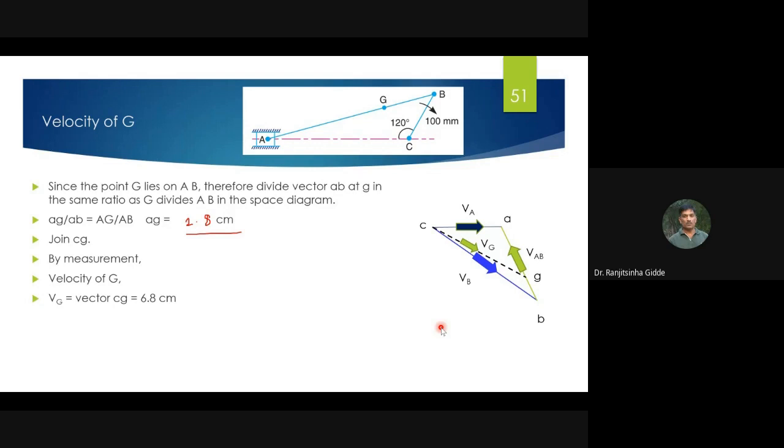Then Ranjit Wagmare, Suryakant, Shoaib, what is your value? 6.7, sir. So my request to everybody is 6.7. Okay, good, correct.